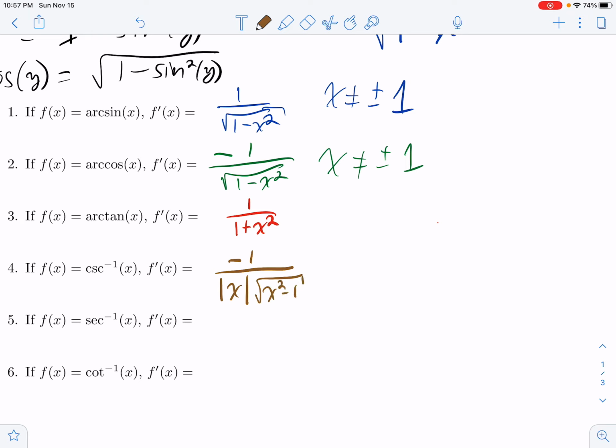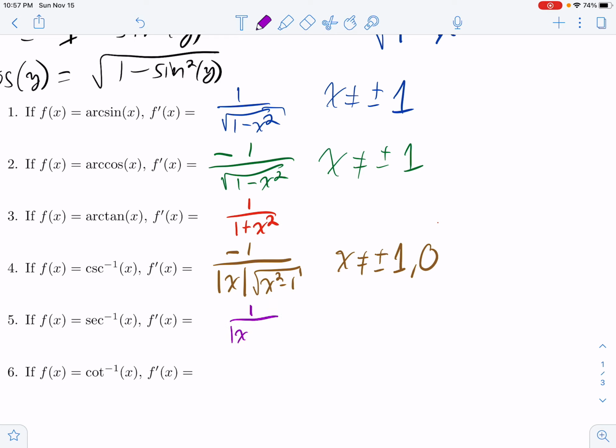And again, x cannot be equal to plus or minus 1, but also not 0 in this case, because then that absolute value would give us a 0 in the denominator. Secant follows the same pattern as sine and cosine. This will be positive 1 over absolute value of x, square root of x squared minus 1. x cannot be equal to plus or minus 1 or 0.